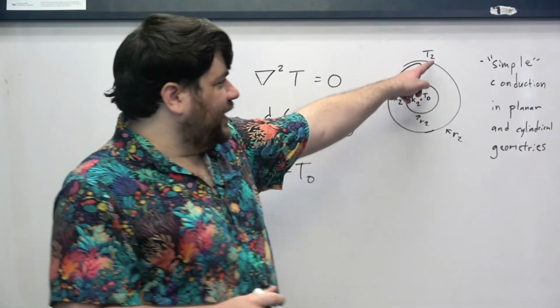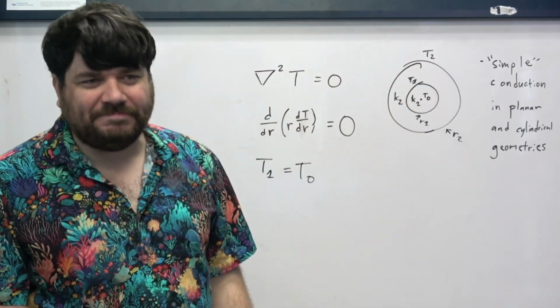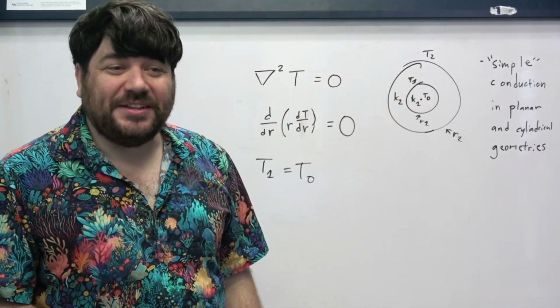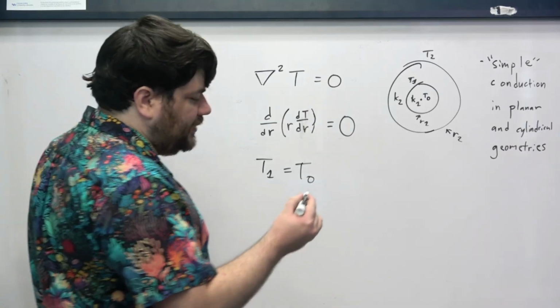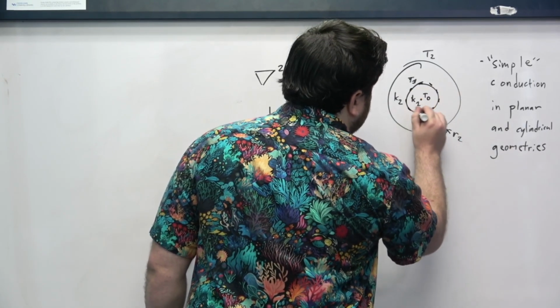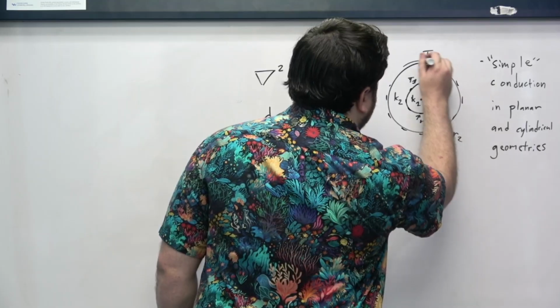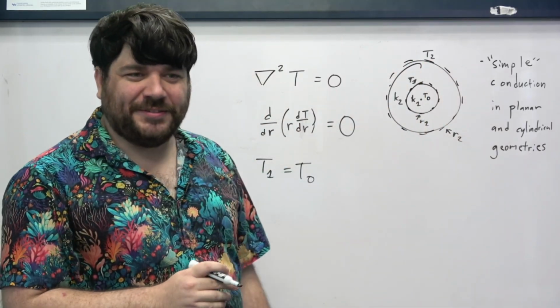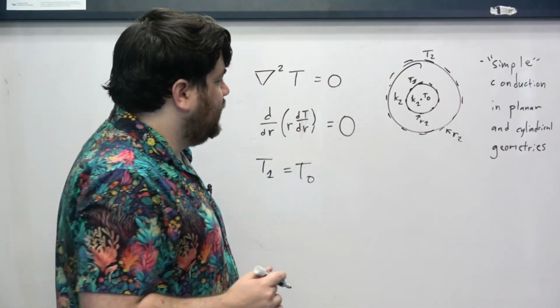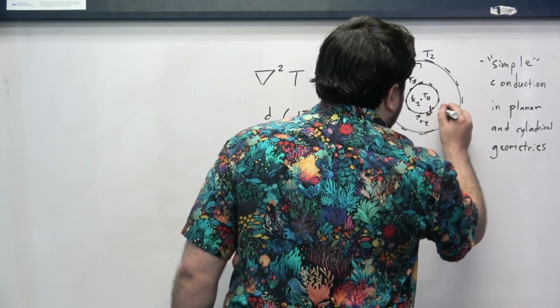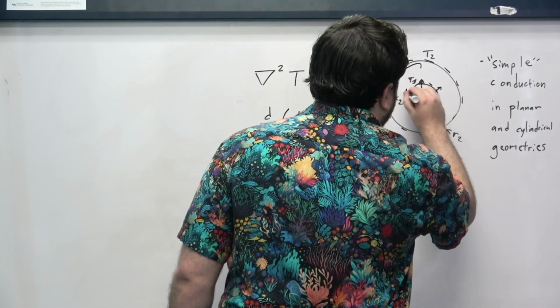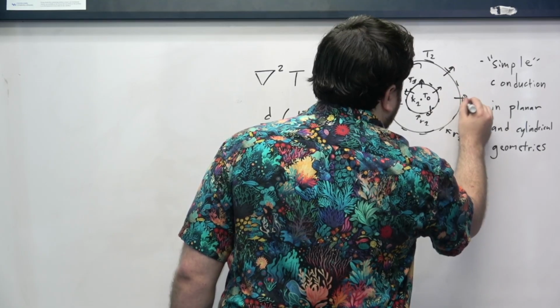And we can ask ourselves, is T2 different from T1? And the answer ultimately is going to be no, right? Because I can do an energy balance right here over the original cylindrical section, and I can say the heat fluxes in have to balance the heat fluxes going out.